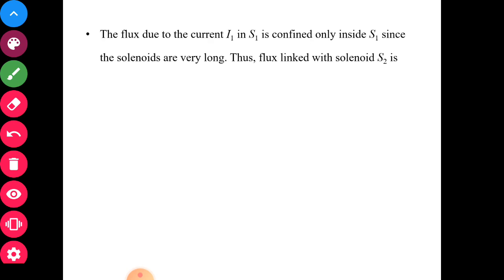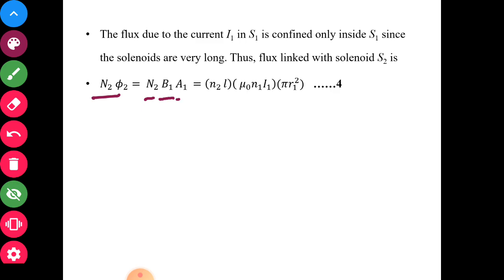Now we shall find the flux. The flux due to current I1 in S1 is confined only inside S1, since the solenoids are very long. Thus the flux linked with solenoid S2 is N2 phi 2, which is N2 into magnetic field of first into area of first.